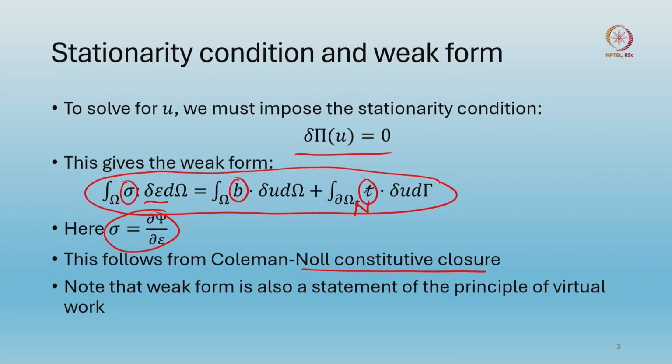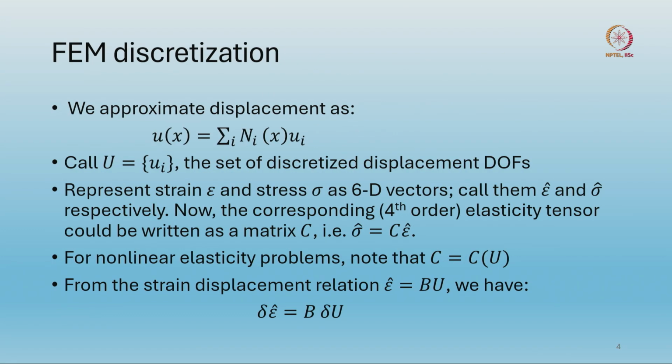If you modify the equilibrium position by a virtual displacement field, then the corresponding work will also satisfy the principle that the external work is equal to the internal work. This is the principle of virtual work, which we have probably discussed earlier. It is now being applied to the nonlinear elasticity problem.